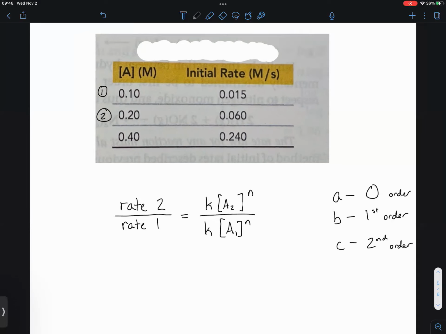Right, and again, our k is going to cancel out. Oh, crap. I meant to make it a multiple choice question. Sorry. A, B, C, what's it going to be?